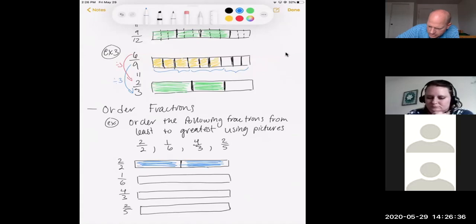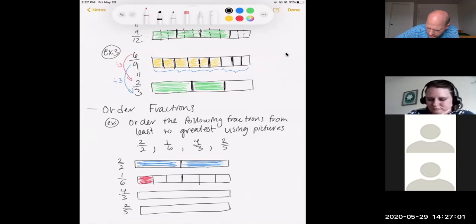1/6. If I want to partition my bar into sixths, then I need to partition into thirds, and half, and then partition the half into thirds. So that's a good way to get to 6. Okay. And I'm just going to consider one of those. One piece where 6 copies make the whole. 4/3.